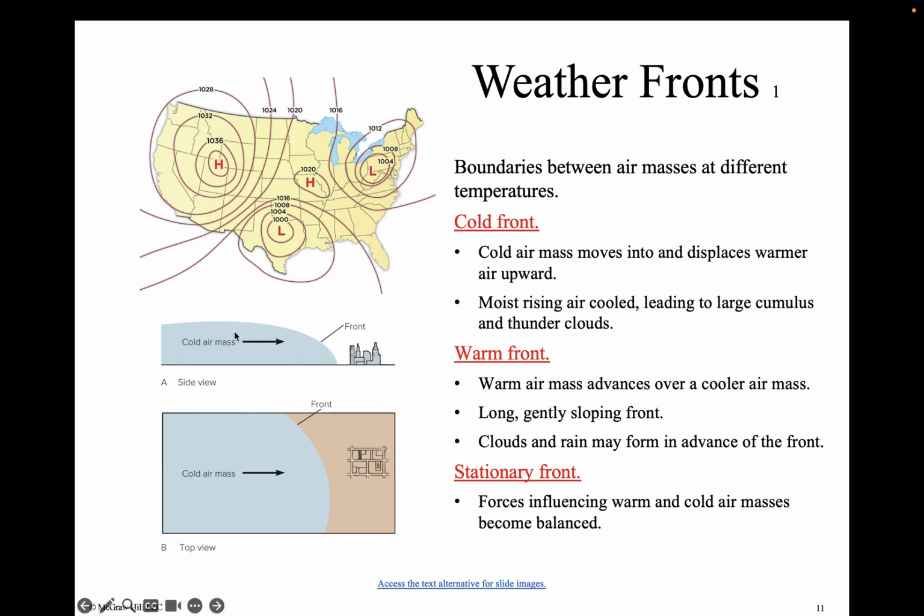When this cold air moves towards this warmer air mass, the boundary between those two masses would be a front. In the case of the cold front, the cold air is moving and displacing that warm air upwardly, okay?